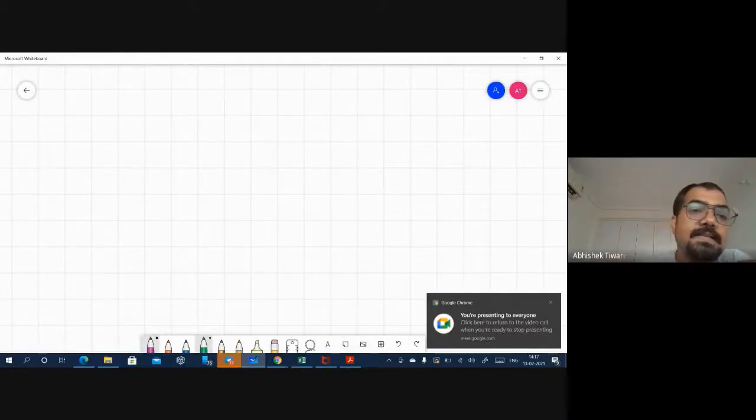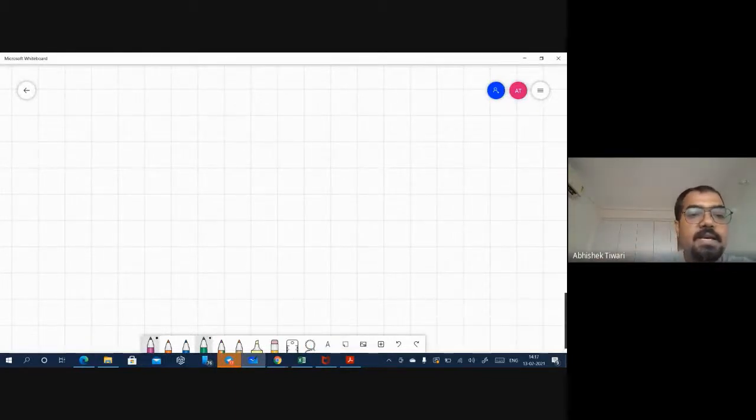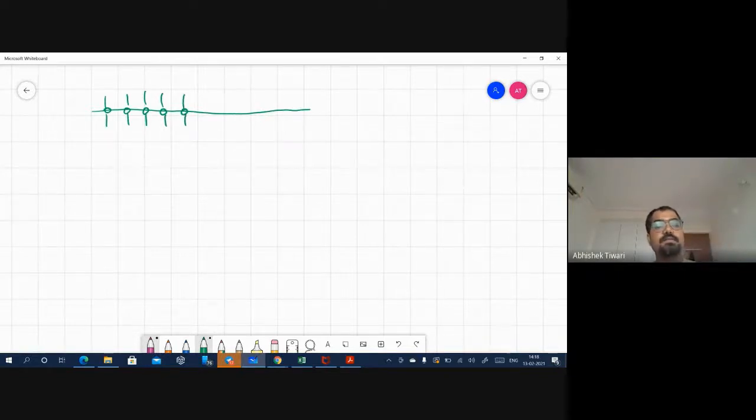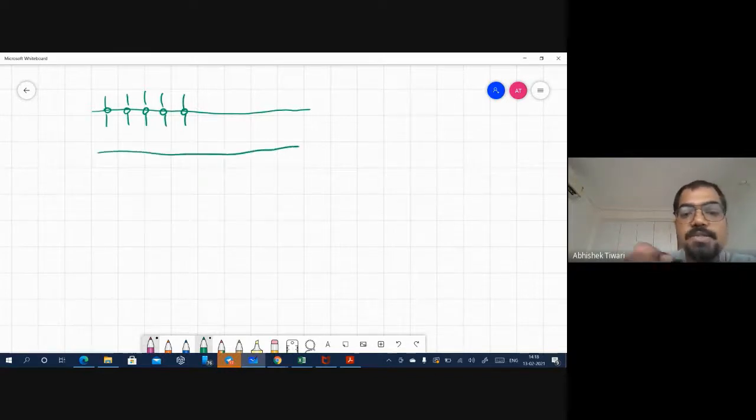So as I said, I can have a very large chain of each mer. So it will be something like this. And I will be drawing just a line in order to represent a longer chain.